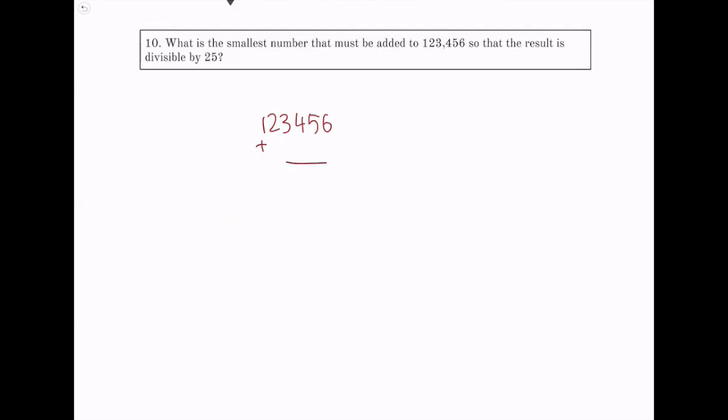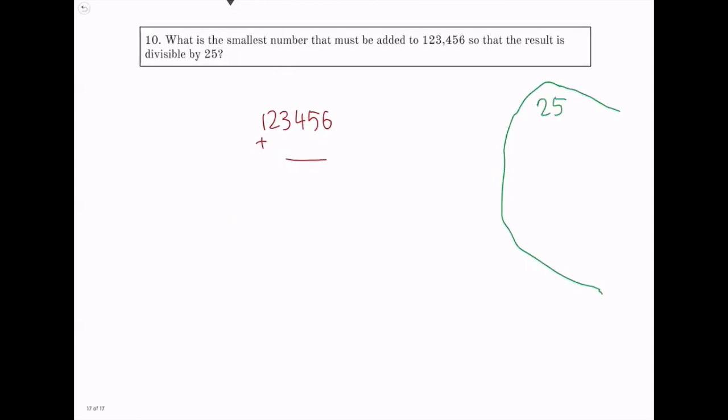This is something I didn't include here, but there's a trick for the divisibility rule for 25. Basically, in order for a number to be divisible by 25, the last 2 digits have to be 25, 50, 75, or 00. You have to have one of these as the last 2 digits.